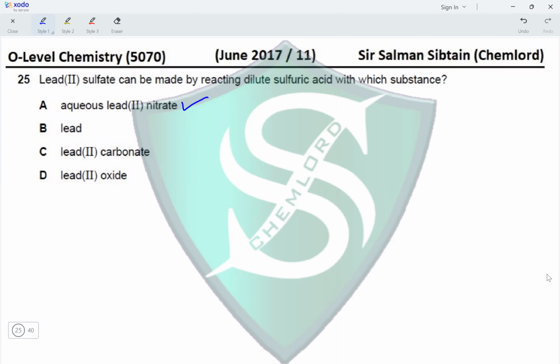Reaction of lead with sulfuric acid will not produce lead sulfate. Lead carbonate. Lead carbonate is an insoluble salt. An insoluble salt on reaction with an acid does not produce an insoluble salt. So this is incorrect. Lead oxide is also an insoluble salt which will not react with an acid to produce another insoluble salt. So the correct option for this question is option A.